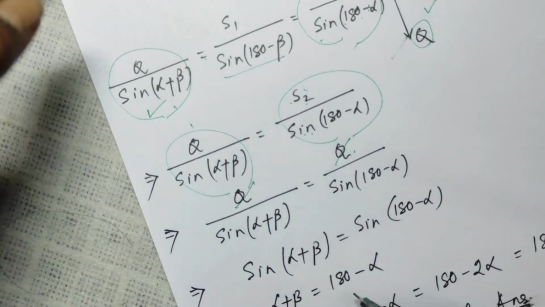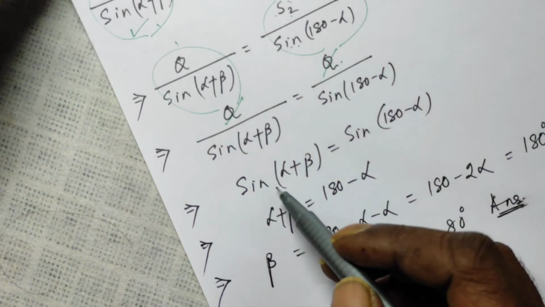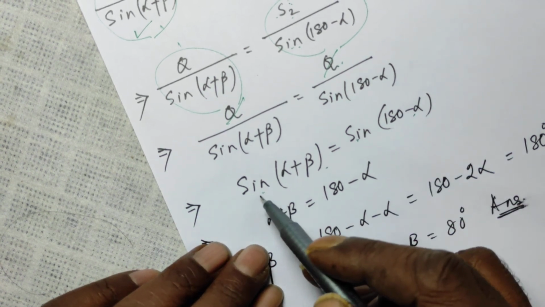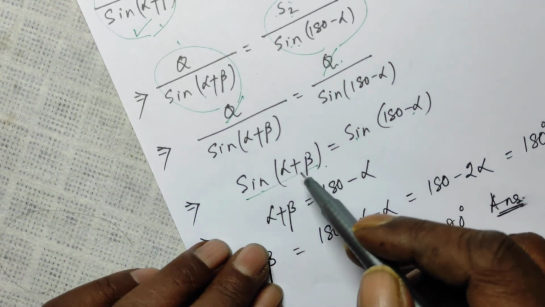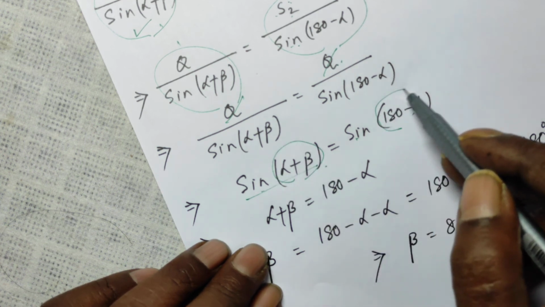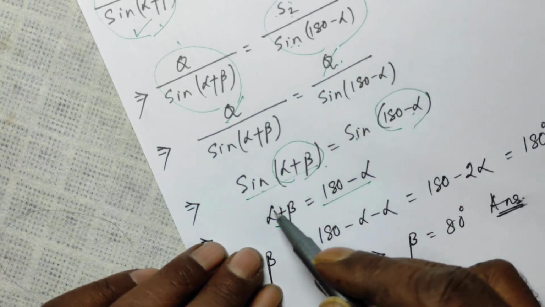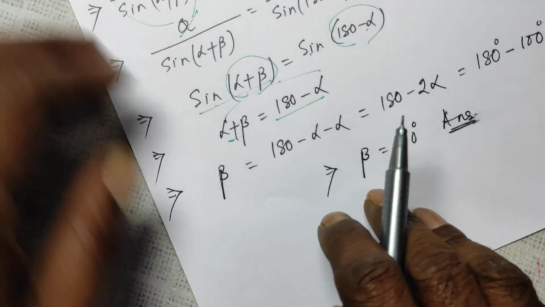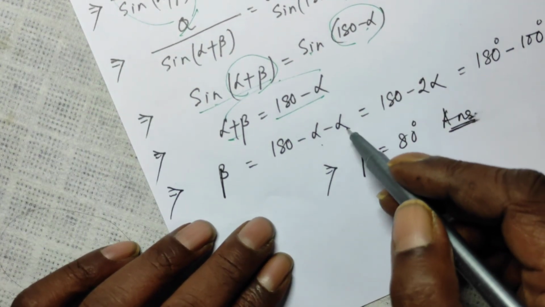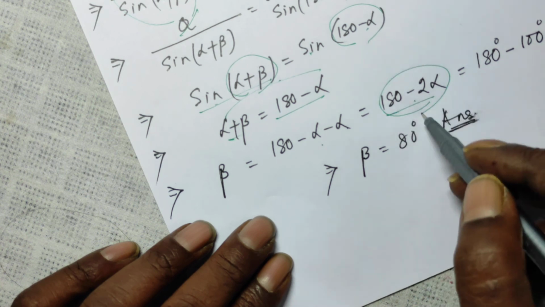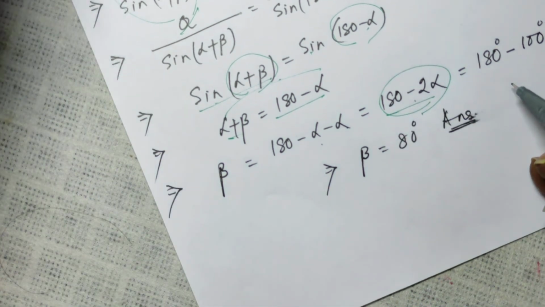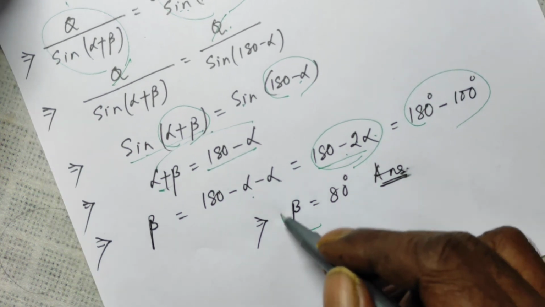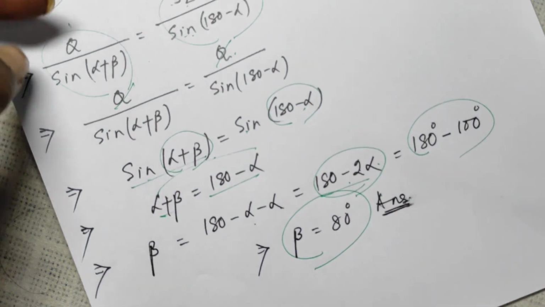Now if you cross multiply, sine of alpha plus beta becomes sine of 180 minus alpha. If you take inverse sine functions, therefore alpha plus beta is equal to 180 minus alpha. I take this alpha to the right-hand side, and your beta becomes 180 minus 2 alpha. Now I put the value of alpha, which is given as 50 degrees. So 180 minus 100, that is, beta is equal to 80 degrees. That's all.